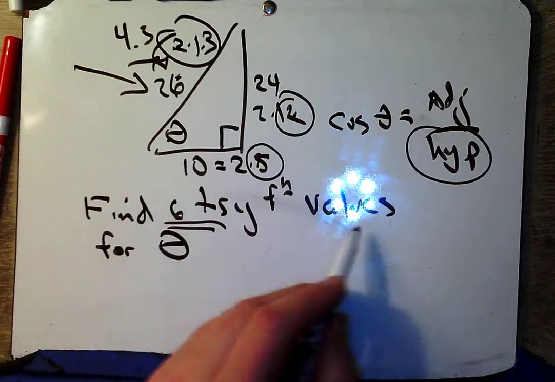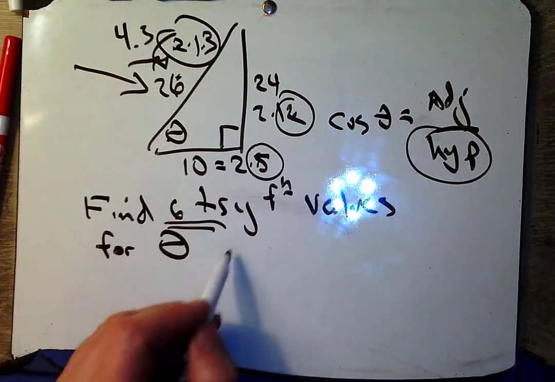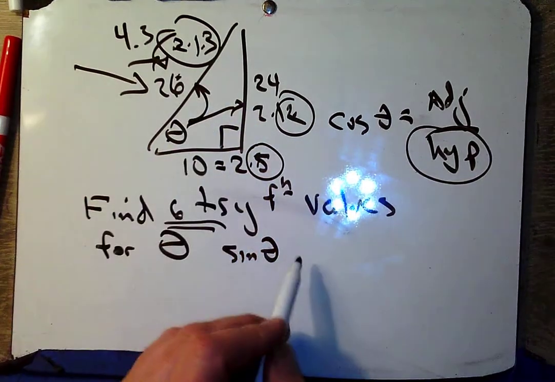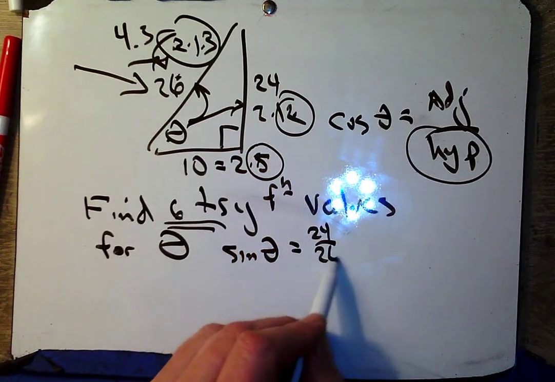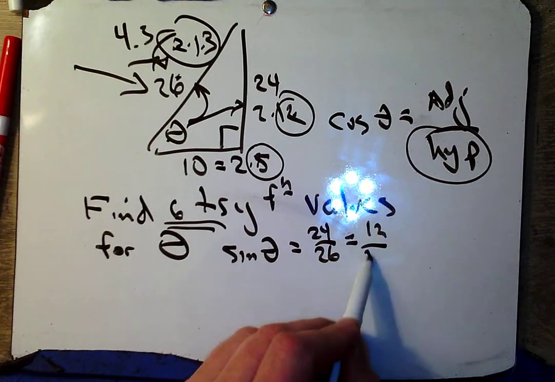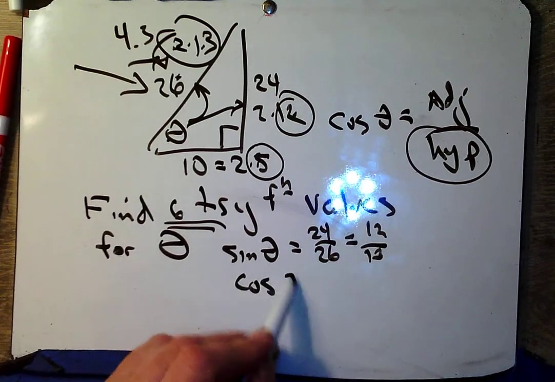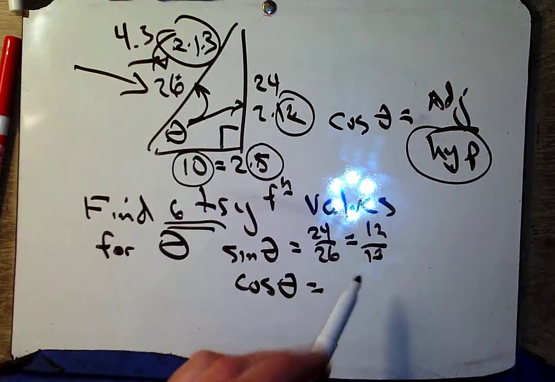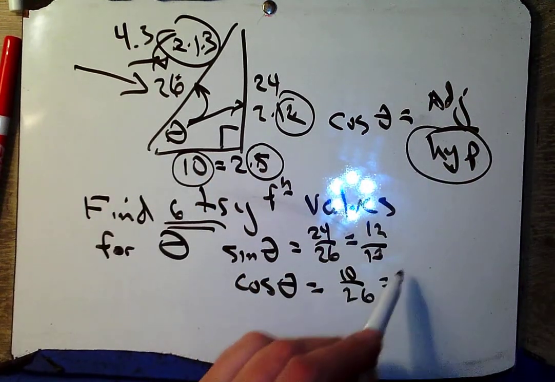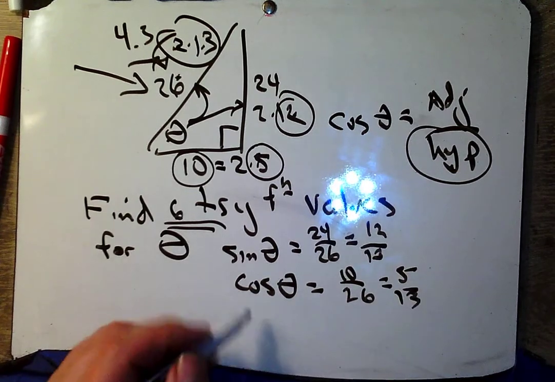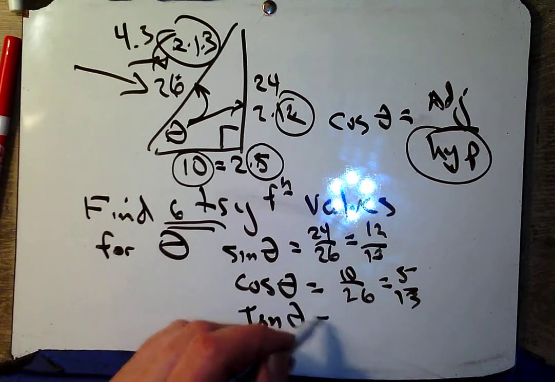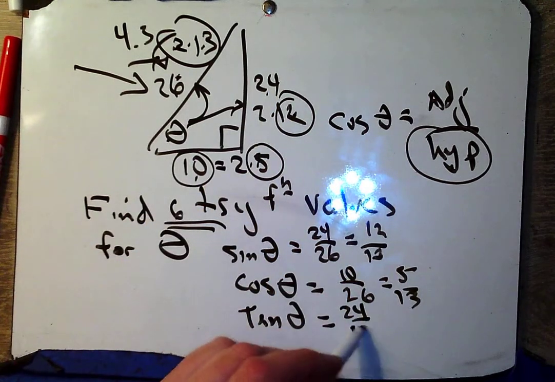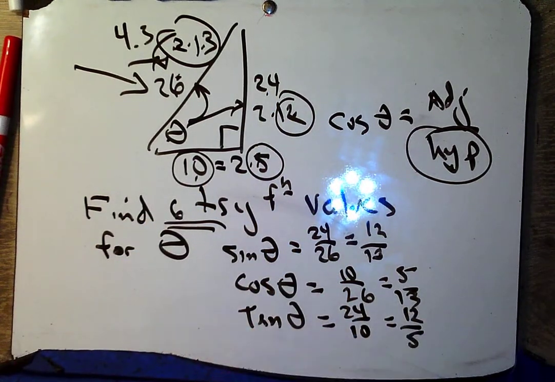Okay, so what are all the 6 trig functions for this? The sine of theta is opposite over hypotenuse, 24 over 26, and you're welcome to reduce that. And cosine of theta, well, cosine is adjacent over hypotenuse, so 10 over 26, which is 5 over 13. And we'll want tangent of theta, and tangent is opposite over adjacent, 24 over 10, or 12 over 5.